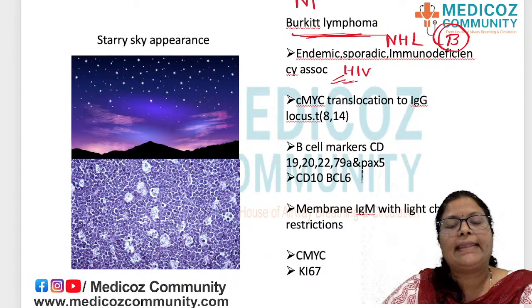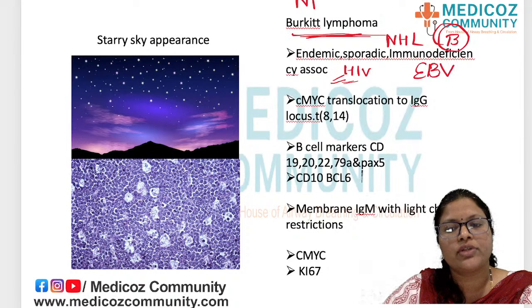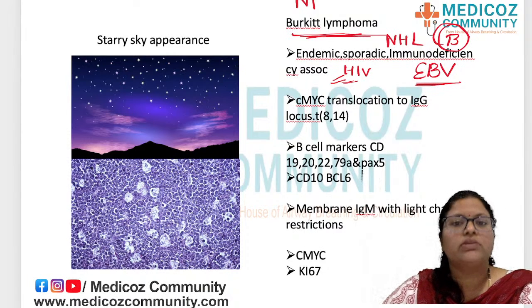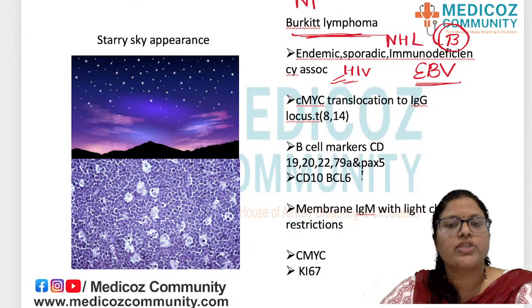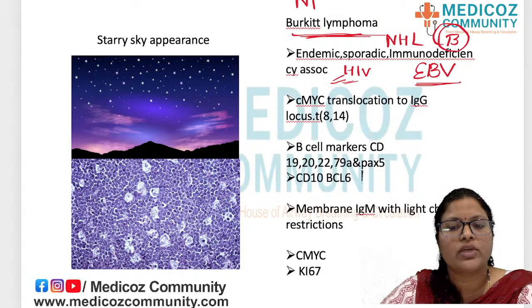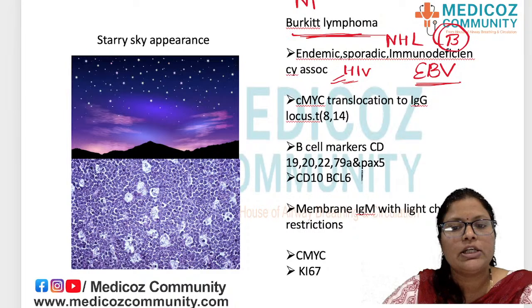And then you have EBV infection, which also triggers Burkitt's lymphoma. What is the genetic translocation which is occurring? It is the c-Myc translocation to the IgG heavy chain loci. This particular proto-oncogene is located on chromosome 8 and that translocates.